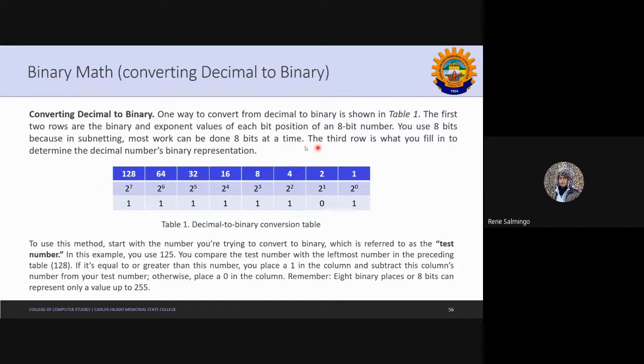What is the value in decimal for 1, 1, 1, 1, 1, 1, 0, 1? That is 253, right? 255 minus 2 is 253.